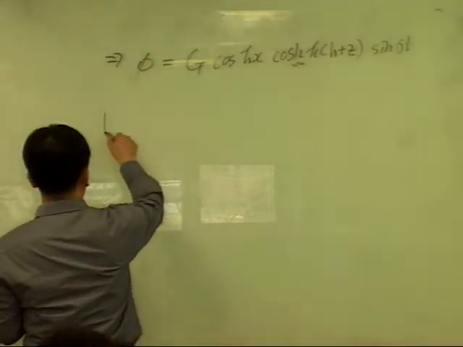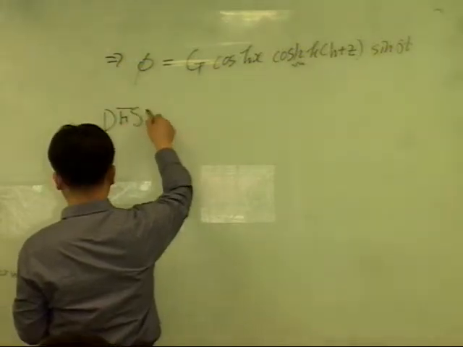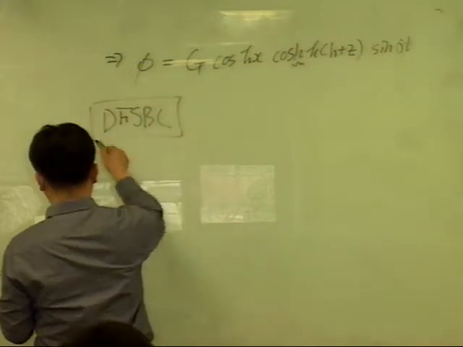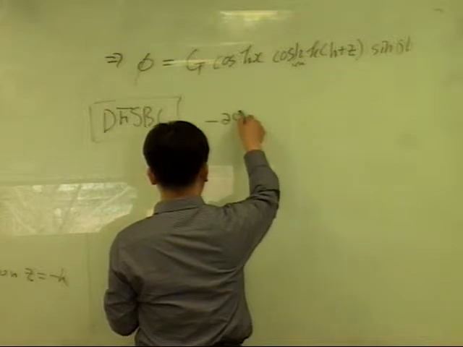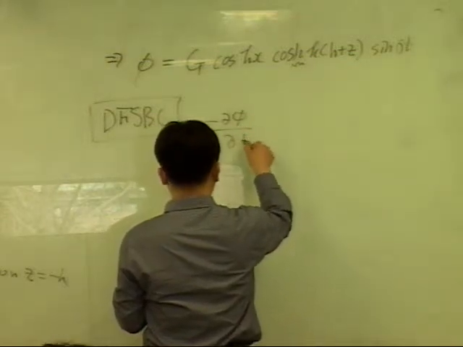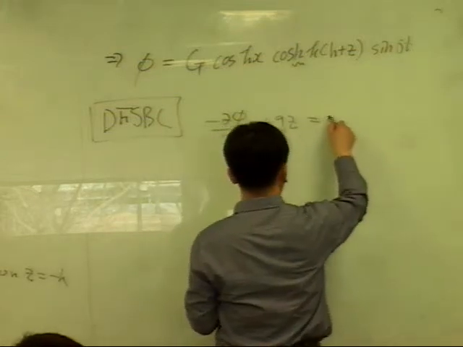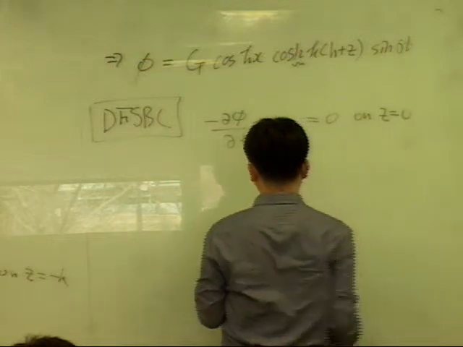Then let's apply the dynamic free surface boundary condition. This means this is your Euler equation, right? Phi t plus g eta equal 0 on z equal 0.